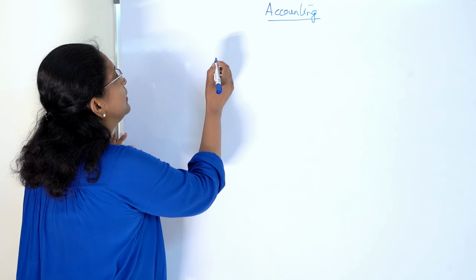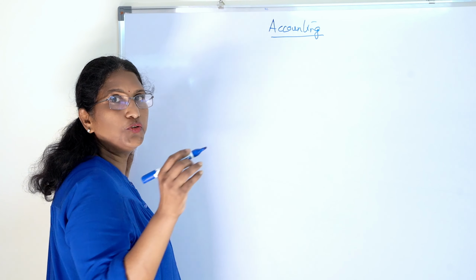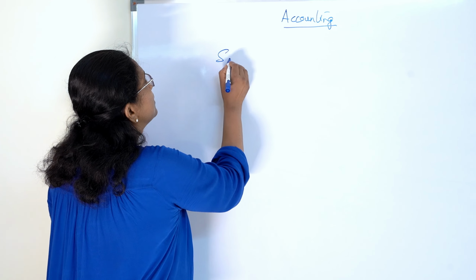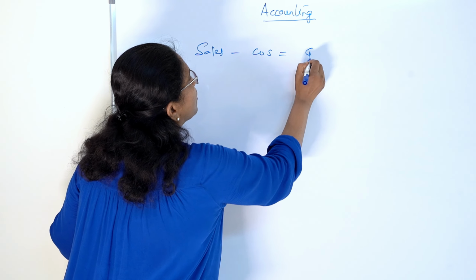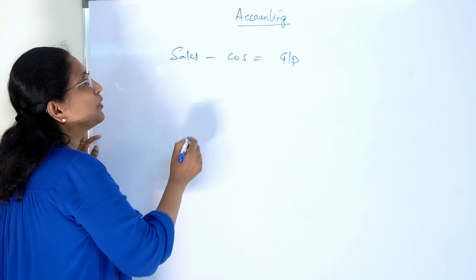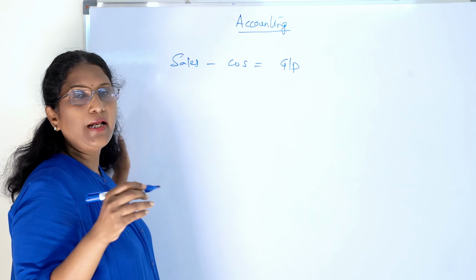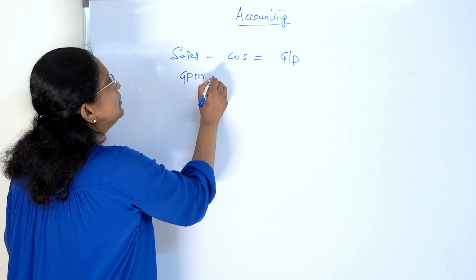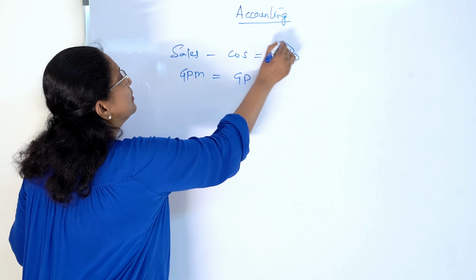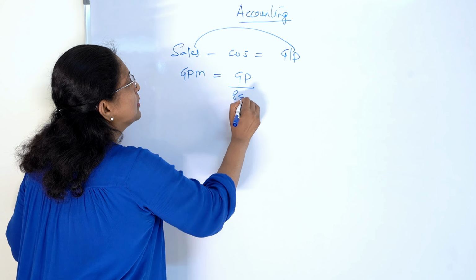For example, the formula you will be using is sales minus cost of sales is equal to gross profit. Now, if I ask you how to calculate gross profit margin, what will you do? Gross profit margin is equal to GP upon sales.